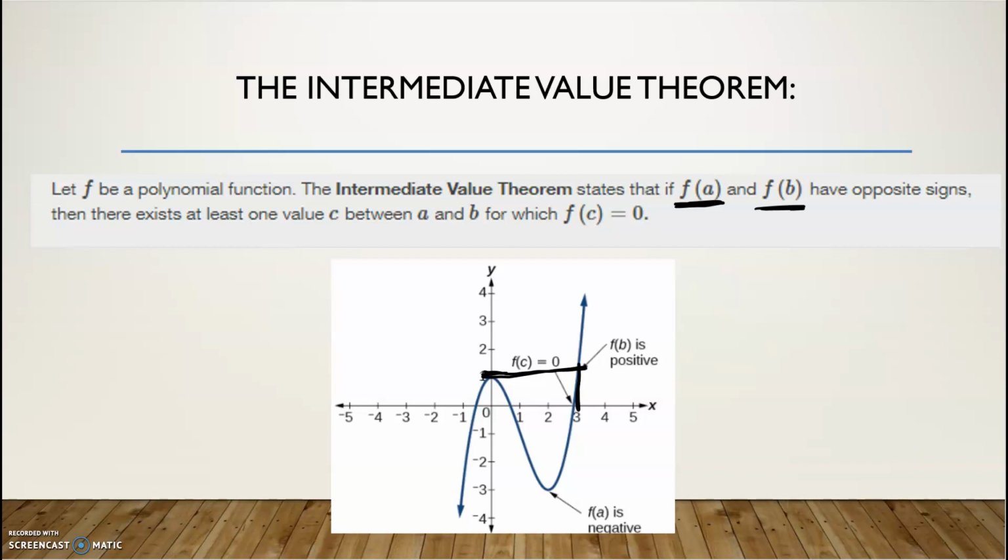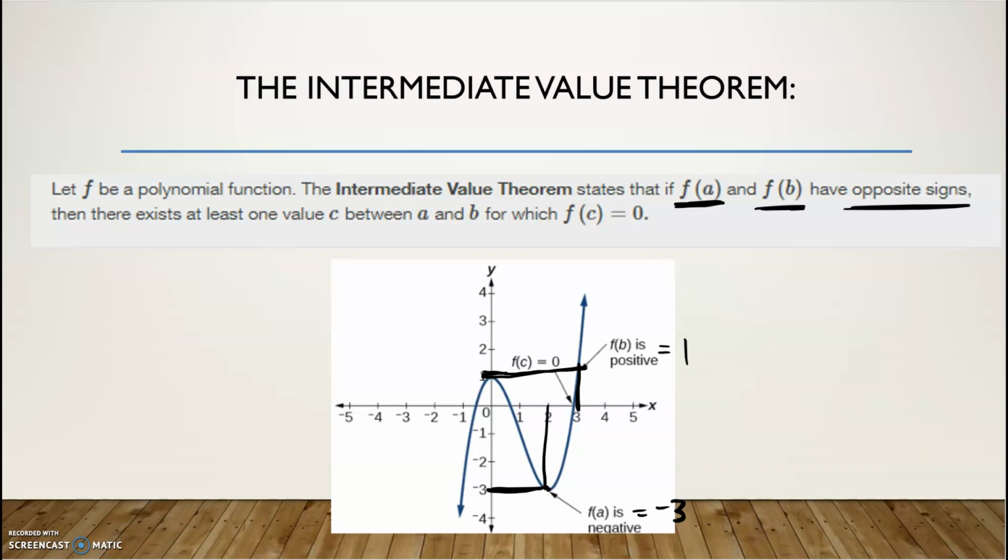And here at a, we'll say x is about 2, and our y value is negative 3. So we have a y value of 1 here and a y value of negative 3 here. Notice that they are opposite signs for your y values when you plug in those x values.